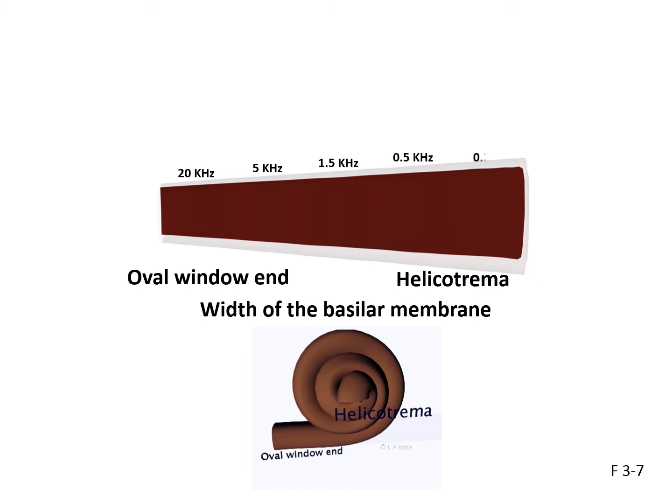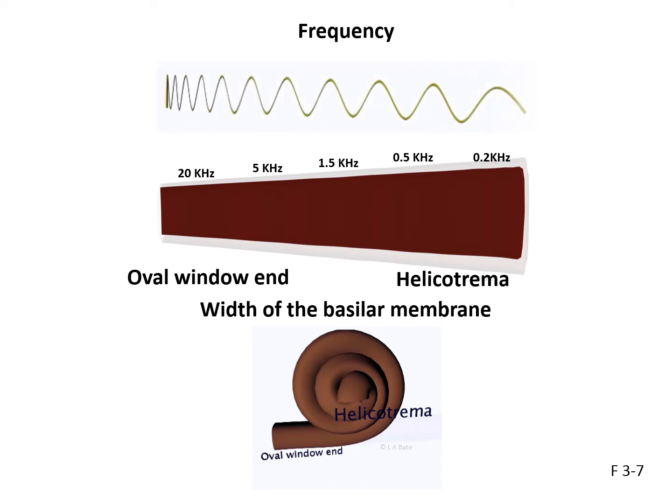Therefore, the hair cells in this area can detect as high as 20 kHz. At the helicotrema end, the basilar membrane, being wider, can deflect the lower frequencies. Therefore, the hair cells in this area can detect as low as 20 Hz.